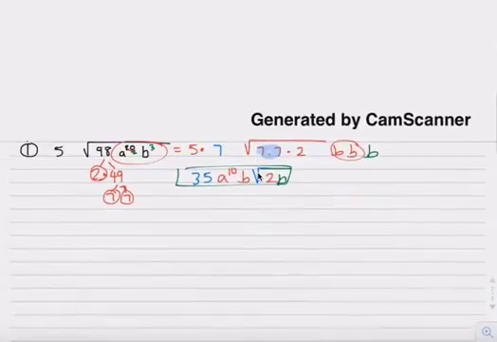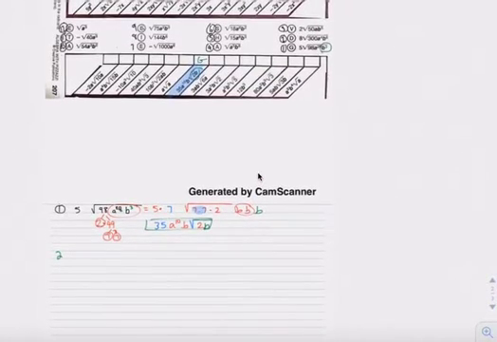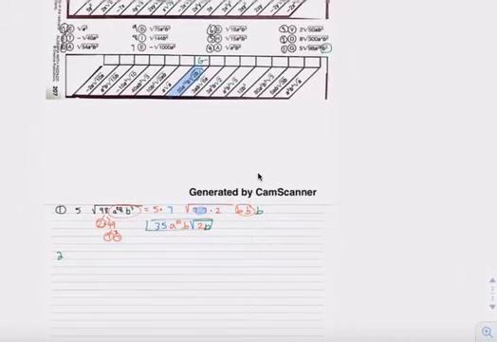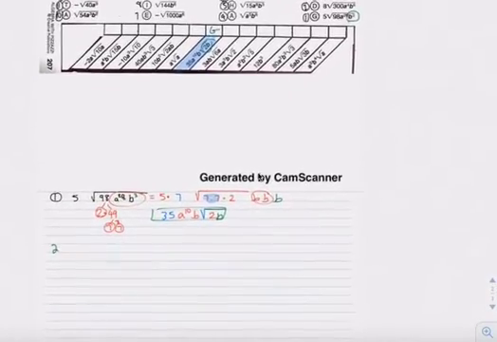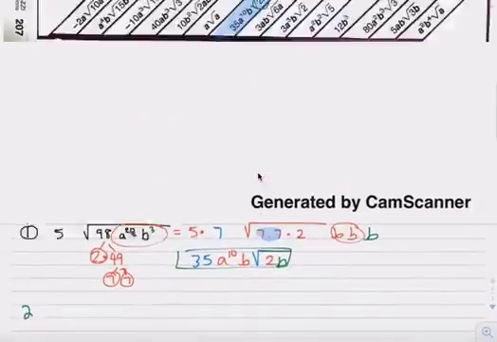Okay, number 2. Number 2 is 8 radical 300 a to the 4th and b to the 6th, I believe. Let me see. Yeah.